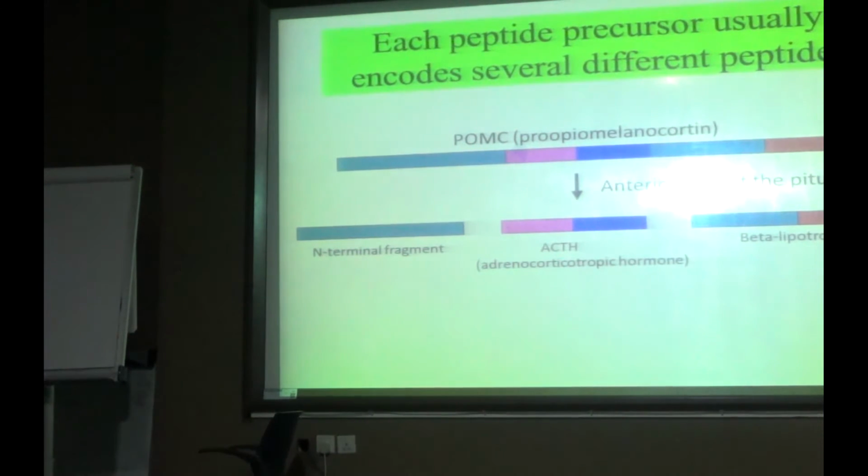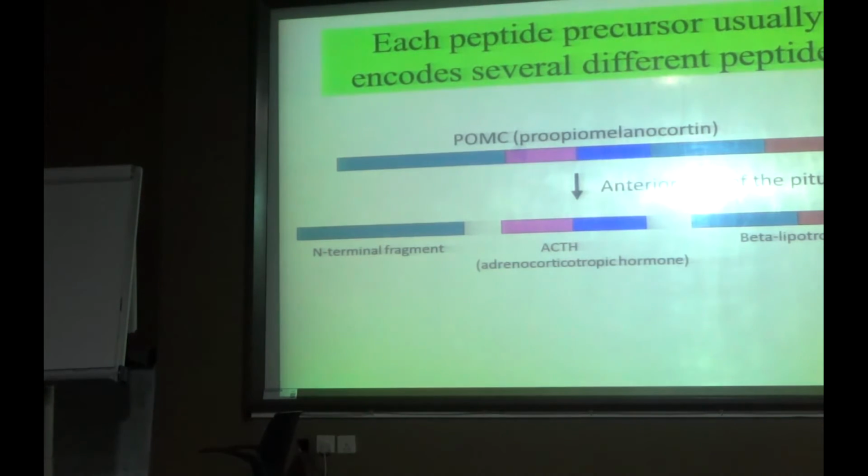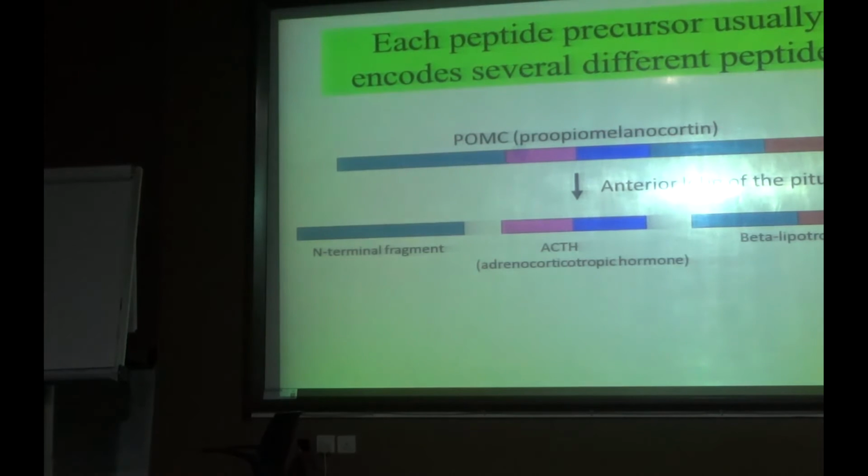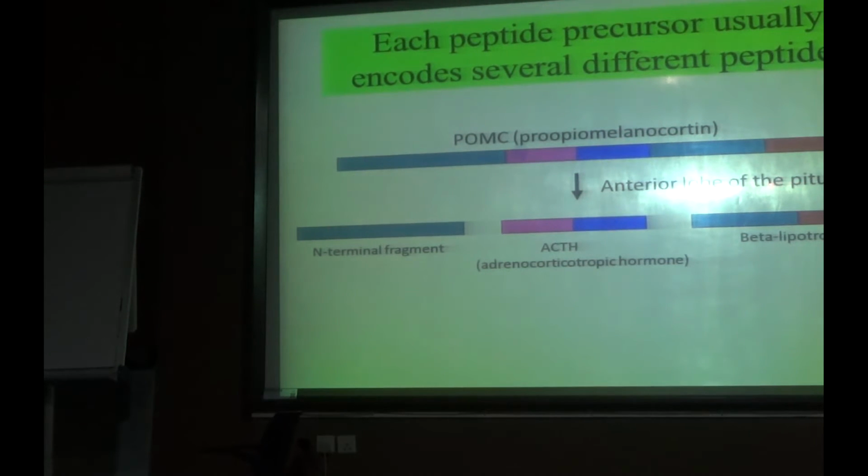The peptides are situated in a pre-form and genetically. Each peptide precursor encodes genetic codes, POMC, pro-opiomelanocortin. Then the anterior lobe of the pituitary gives you three other things. You have an N-terminal removed, adrenocorticotropic hormone, and then beta-lipotropins.